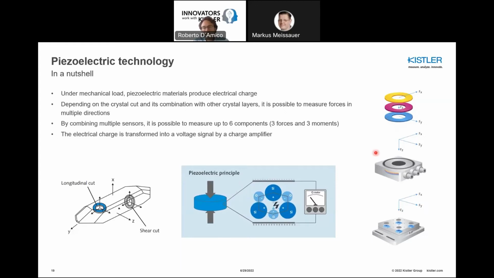Therefore, with this idea, you can combine piezoelectric layers and obtain forces in multiple directions and get a force sensor. And you can combine force sensors and get a dynamometer, which measures not only forces, but also moments in multiple directions. So you can get up to 6 components overall.